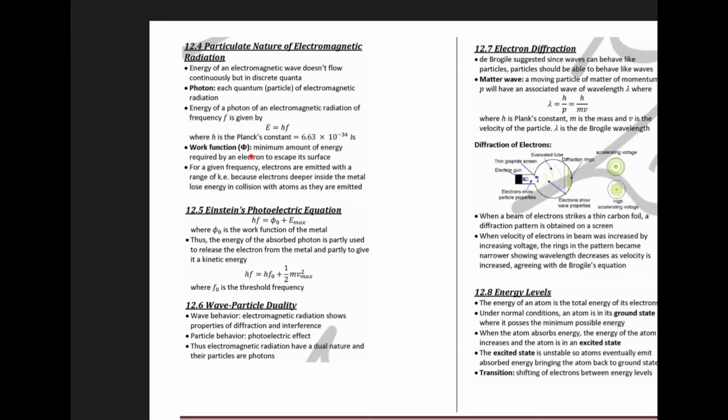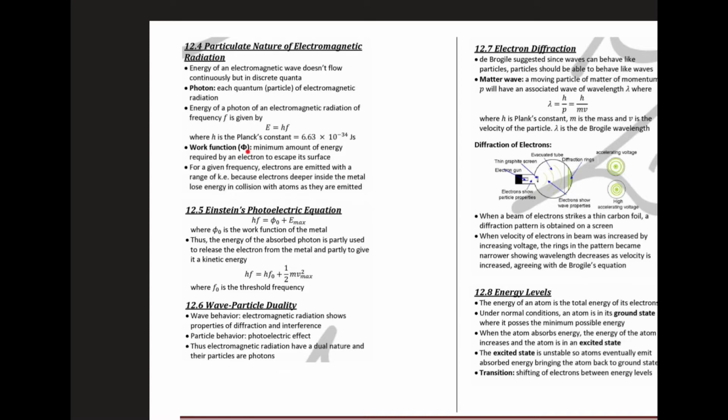It is still attracted by the nucleus of the atom. So it requires a certain minimum amount of energy. More than that, then it will be enough to make the electrons overcome the attraction and come up from the atom, come up from the zinc metal, for example. So that is the work function.